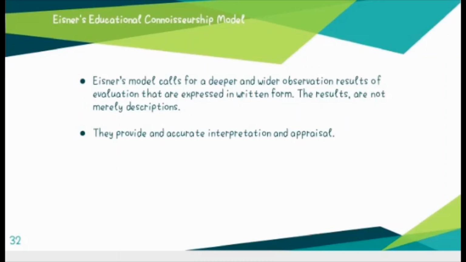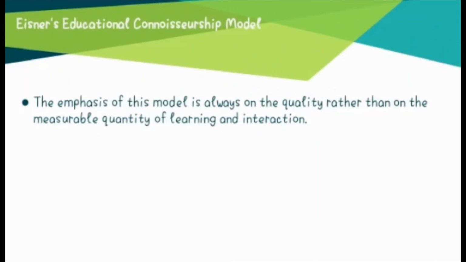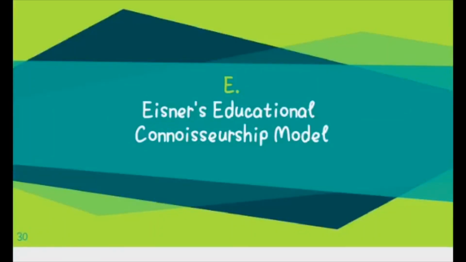The results are not merely descriptions, and they provide interpretations and appraisal. The emphasis of this model is always on the quality rather than on the measurable quantity of learning and interaction. So that was Eisner's educational connoisseurship model.